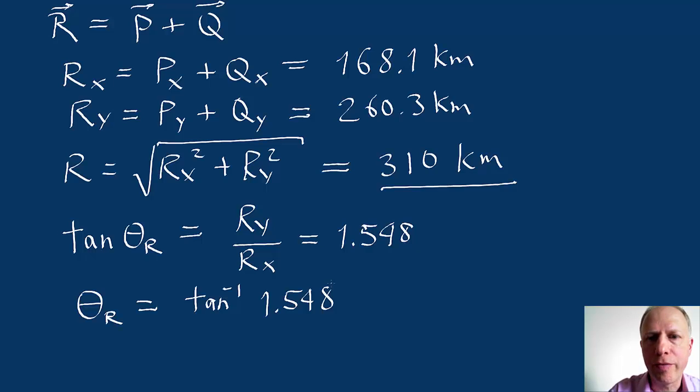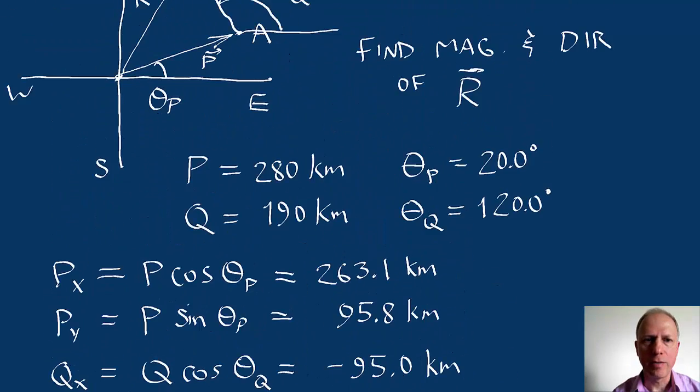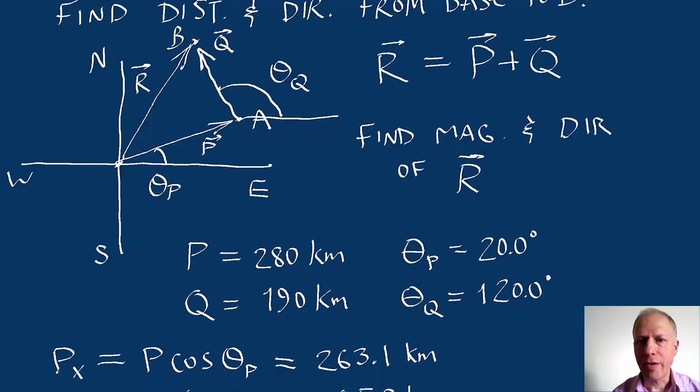The x component of the vector R is positive, so there's no need to add 180 degrees to get the vector direction into the correct quadrant. It will already come out in the correct quadrant. When I use my calculator to find the inverse tangent, I get 57.1 degrees. And that's a reasonable direction for the vector R. That's the other answer to the problem.